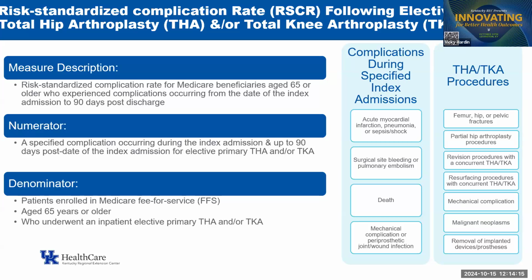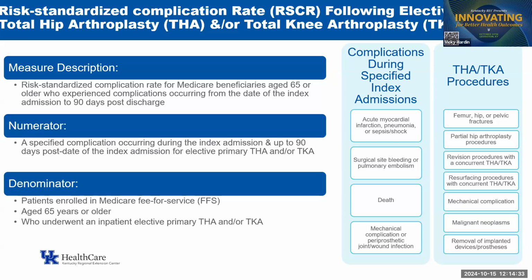The numerator for this specific administrative claims measure is if a specified complication occurs during the index admission and up to the 90 days post-date of the index admission for the elective procedure.